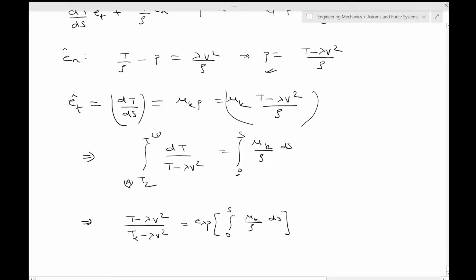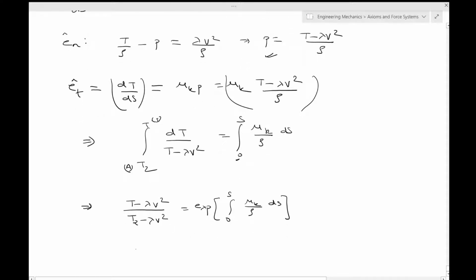Rewriting in terms of p, where p is t minus lambda v square by rho, p becomes T2 minus lambda v square by rho times this exponential term. This is equation 2.73.